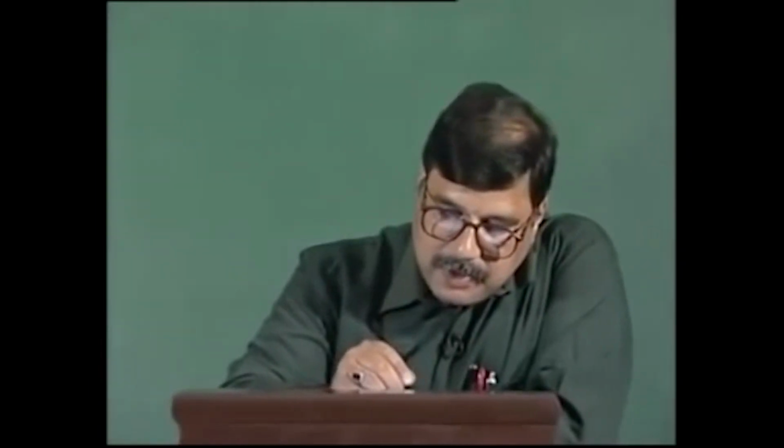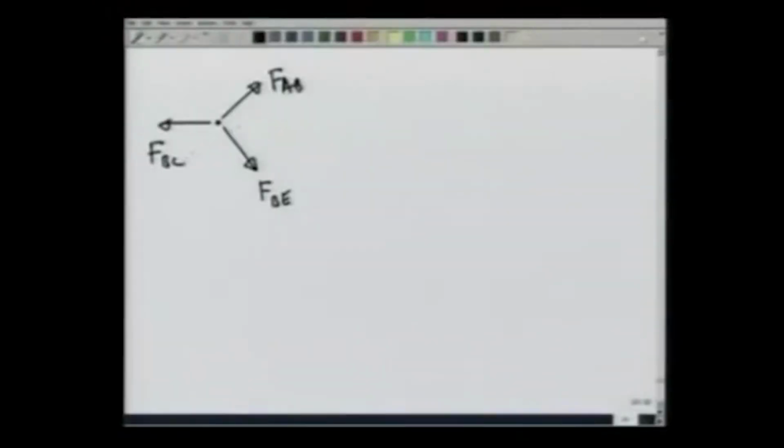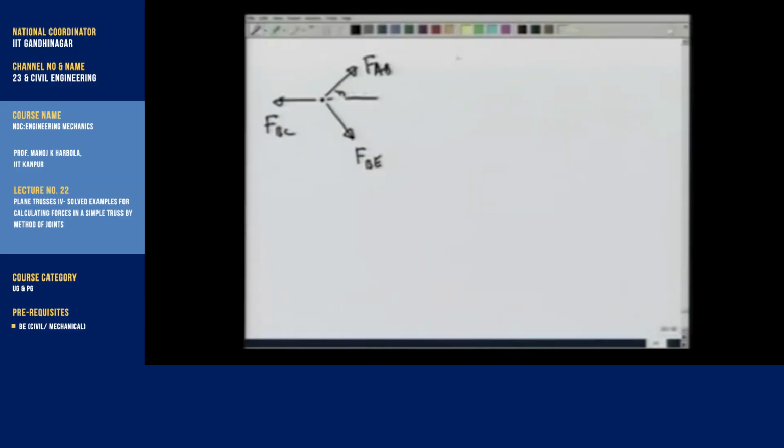So, at point B there is a force FAB working this way, FBE working this way, and FBC working this way. FAB is pushing the pin out, so this is compressive, is 5000 root 2 over 3.